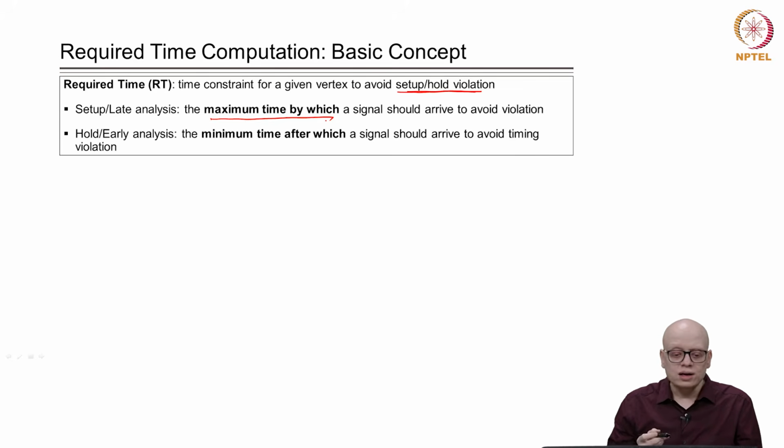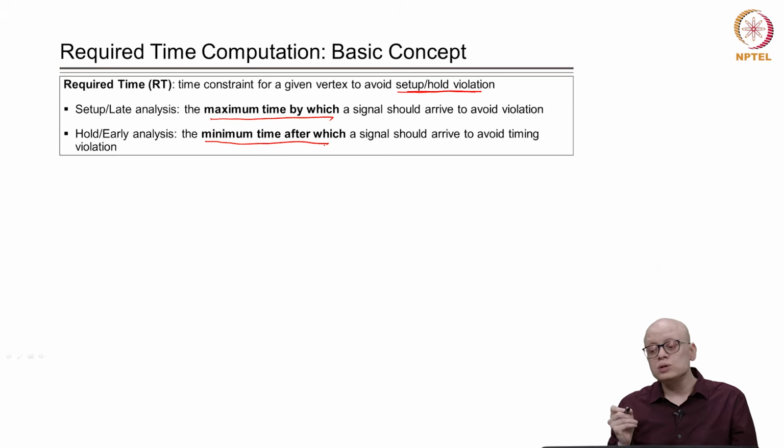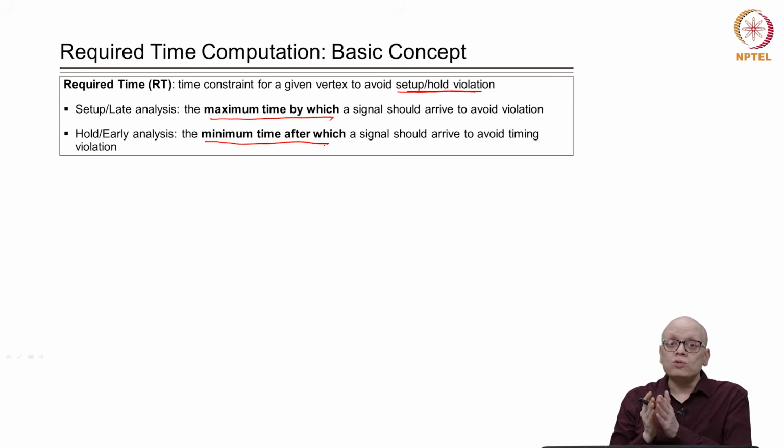And for the hold analysis, the required time represents the minimum time after which a signal should arrive to avoid hold violation, meaning that it gives us a bound on the earliest time that a signal should arrive.